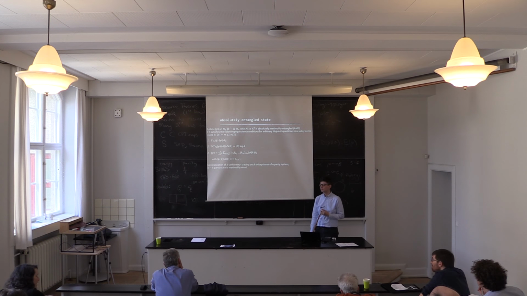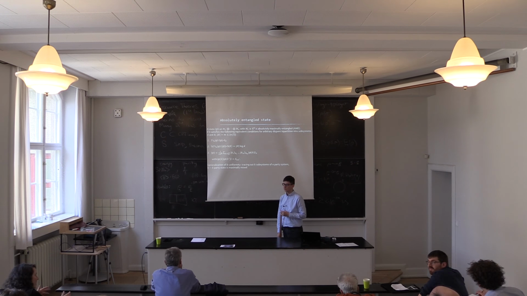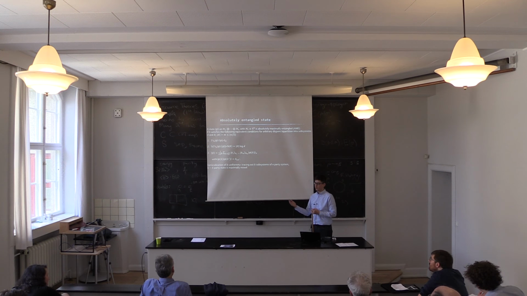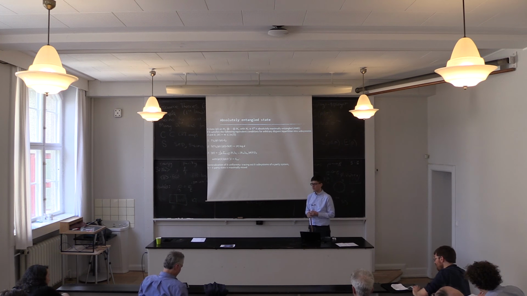Could you see this as having found commuting local Hamiltonians for the bulk of these holographic codes? Yes. By the construction, all of the logical operators that are mapped to the boundary commute with each other.